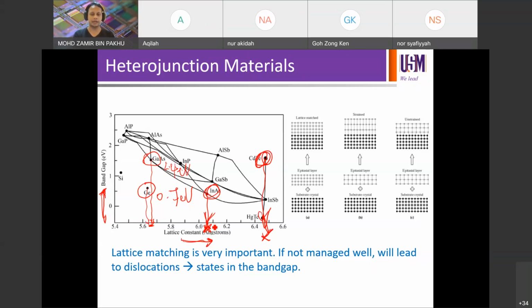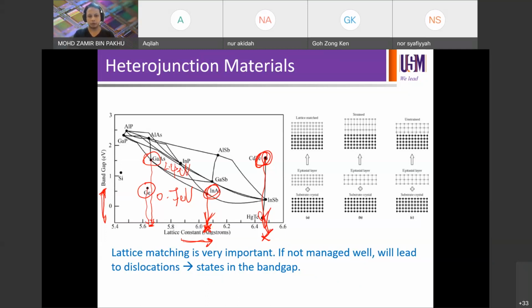If you want to combine two different materials with different band gaps on the y-axis to form a heterojunction, this lattice constant factor is a very important factor for the quality, the electronic quality to be more precise, of the heterojunction. Lattice matching is very important.